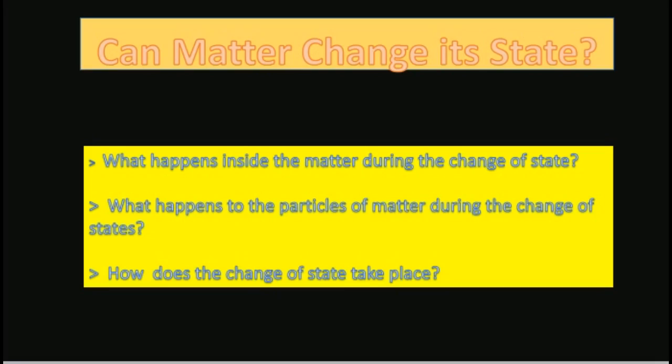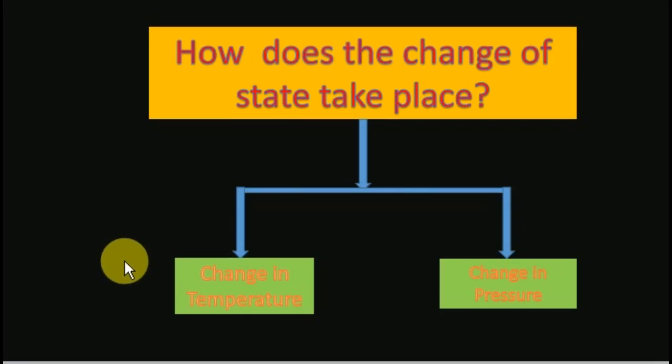The change of state takes place by two methods: change in temperature and change in pressure. First we will see the change in temperature.